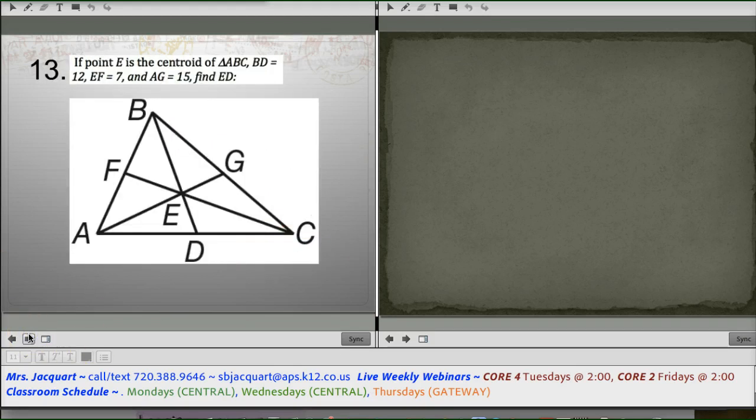Okay, find the point. Now this is a centroid definition. If I know what ED is, then BE is 2 times ED. It told us BD is 12.